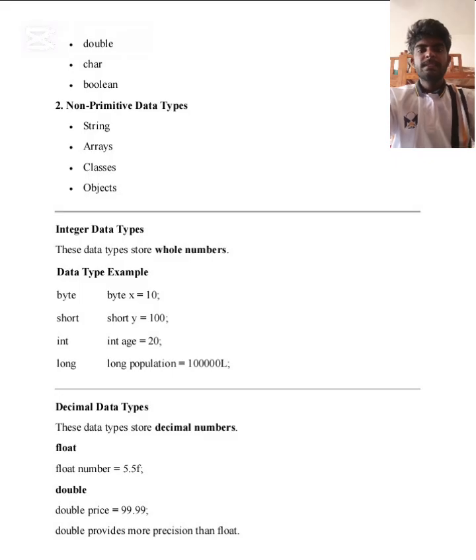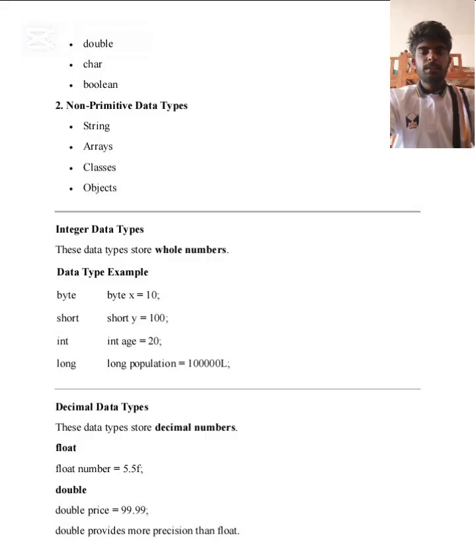Now let's talk about the integer data types. Integer data types are used to store whole numbers. The integer data types shown in my presentation are byte, short, int and long.